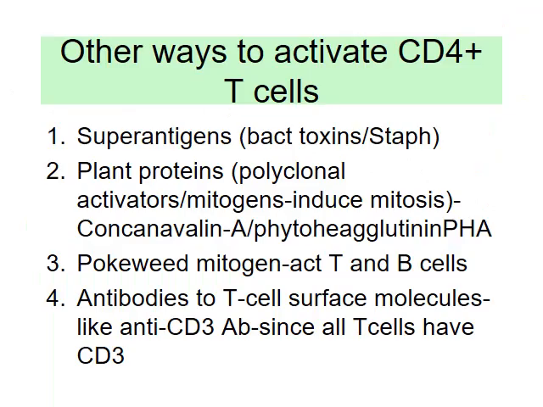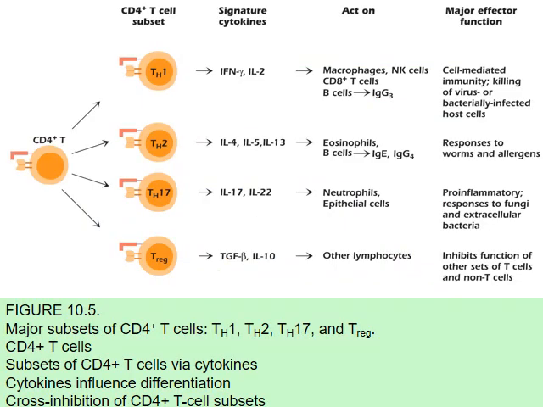And then finally, I also said that there are some other ways to activate CD4 T cell, because the whole idea in the first few slides is that you have to keep in mind all the events from antigen recognition to antigen processing to intracellular pathway to effector immune response. When I say effector immune response, I'm talking about B cell activation, making of antibodies. I'm talking about T cell activation. T cell activation will lead to different types of T cells and production of these cytokines.